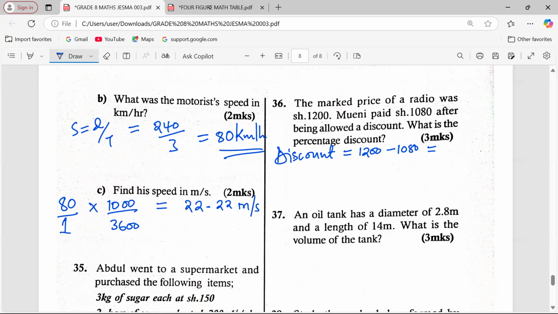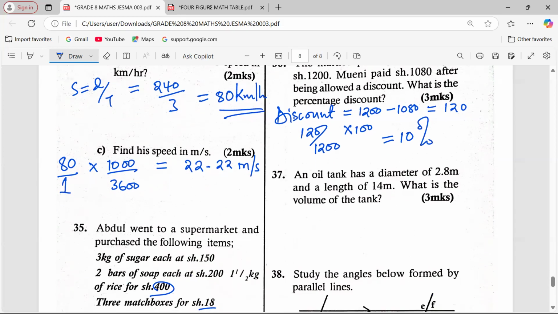This is going to give us exactly 120 Kenya shillings. Now, discount is usually a percentage of marked price. So what percentage of the marked price was this? Marked price is 1200. So that is how we get the percentage of the discount.